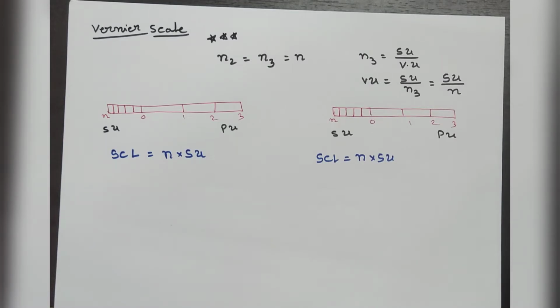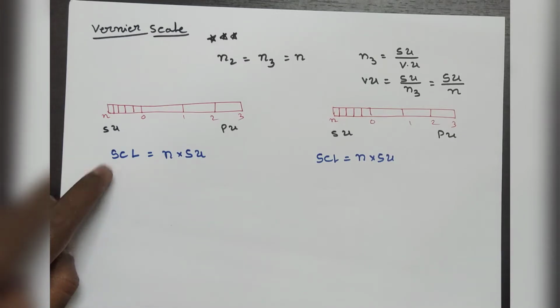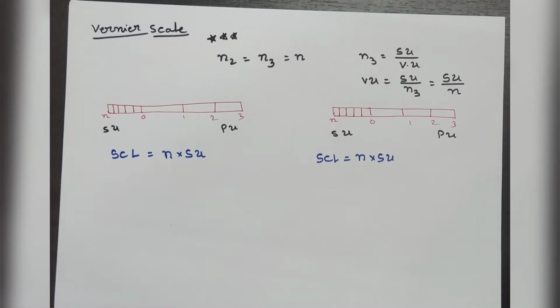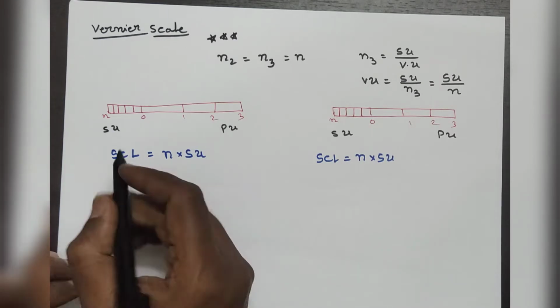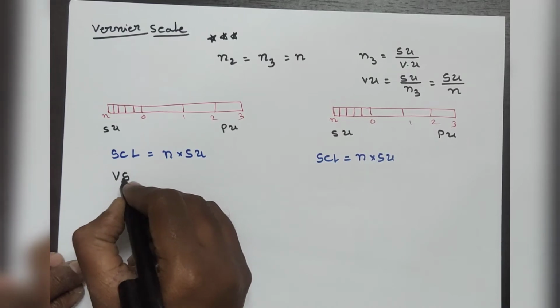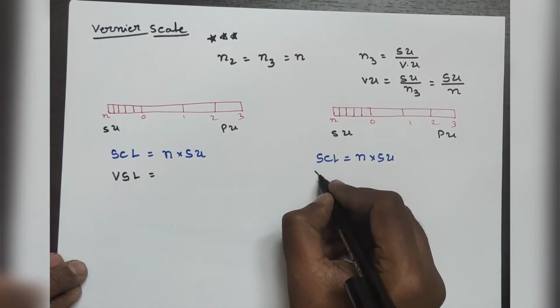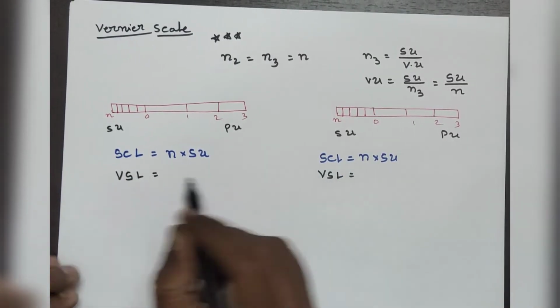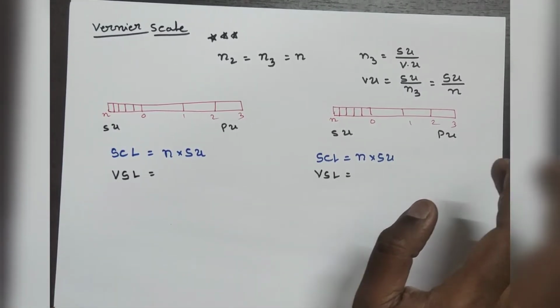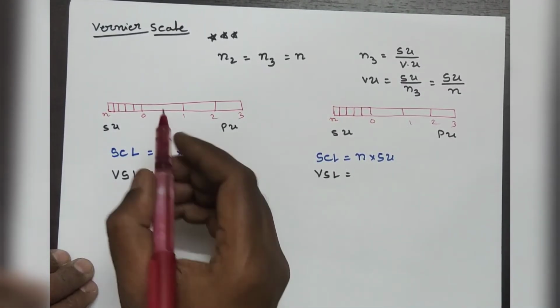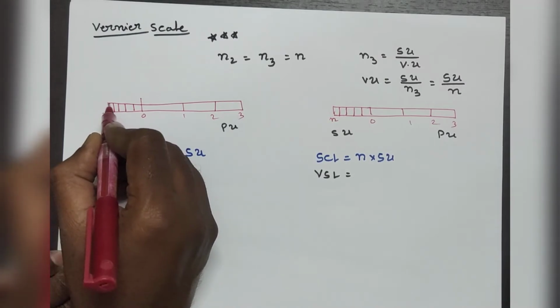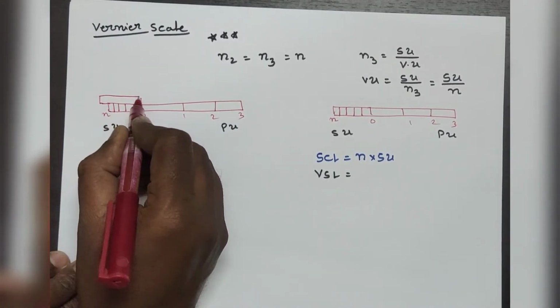So what is the vernier scale principle? Here, this is a secondary scale, but what is a vernier scale? There are two types of vernier scales. In one case, vernier scale length will be considered as n plus 1 SU, because we are going to consider 1 unit more.